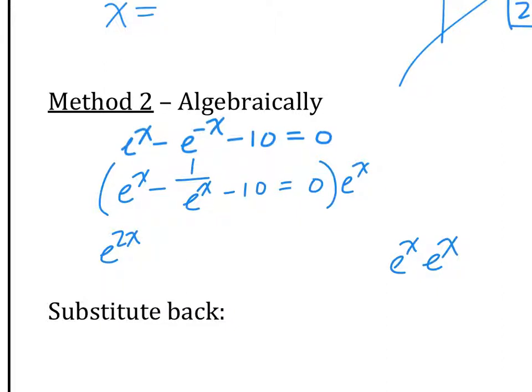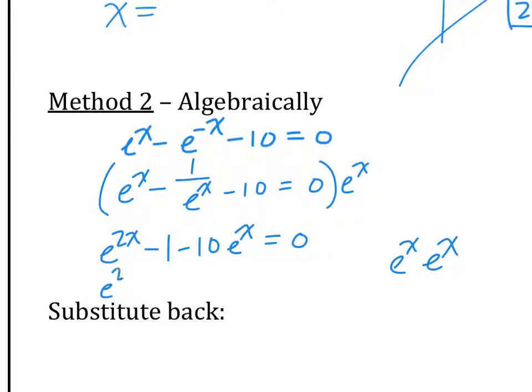Ugh. Okay, e to the x times 1 over e to the x is 1. Minus 1, minus 10 e to the x equals 0. All right, that's not quite helpful, or maybe it is. We're going to rearrange this.